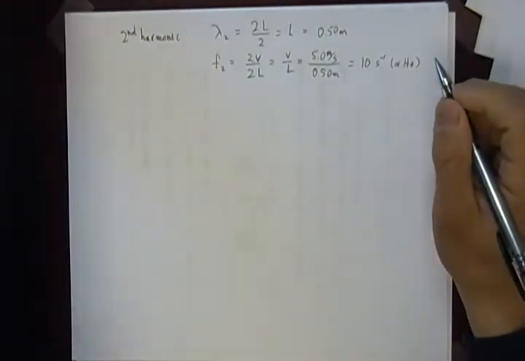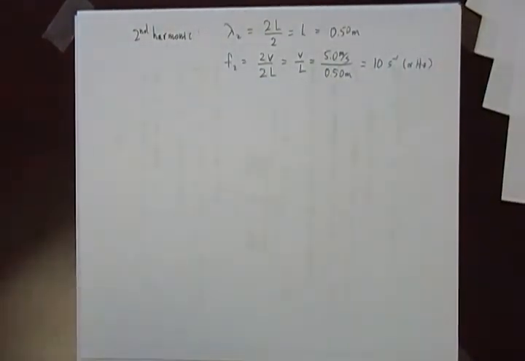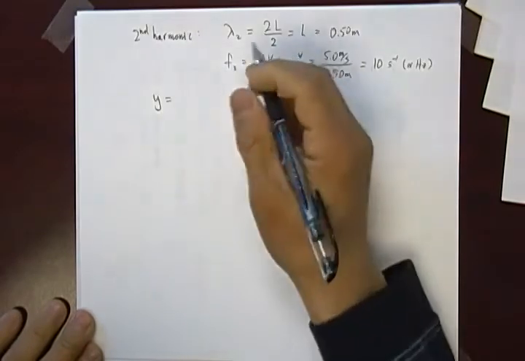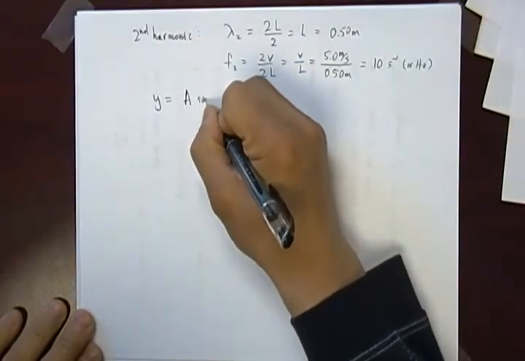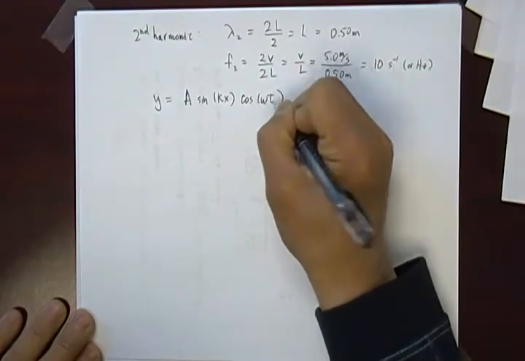Okay, all right, now from this I can actually get the waveform, right? So y has this form: A sine of kx times cosine of omega t.